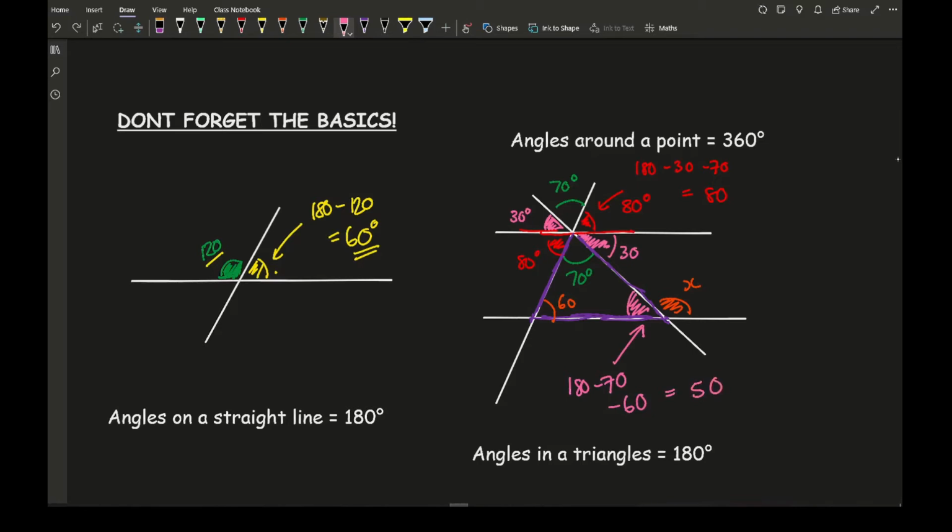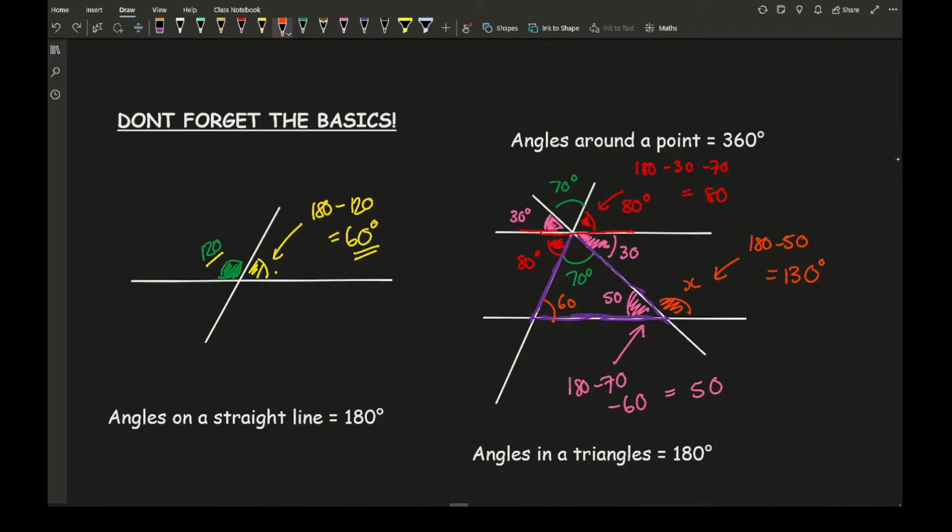So this angle here is 50. And then remembering that angles on a straight line add up to 180, to work out what X is, all I need to do is 180 minus 50, which gives me 130 degrees.